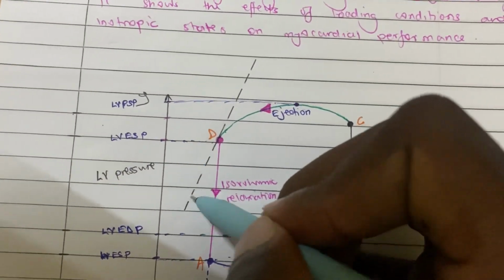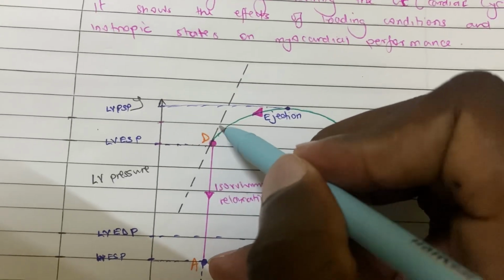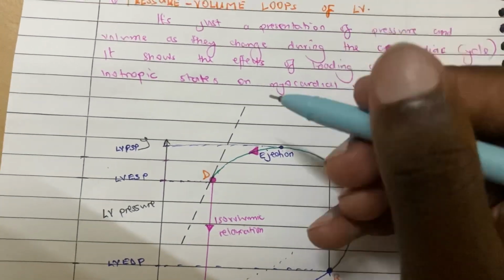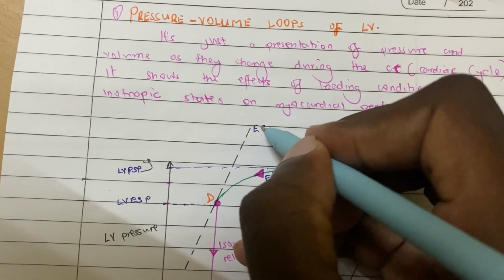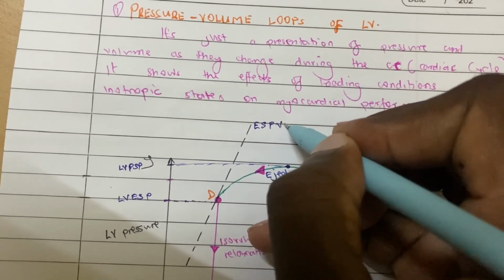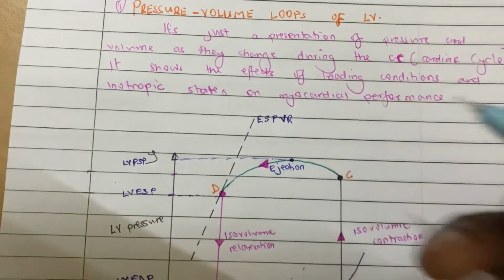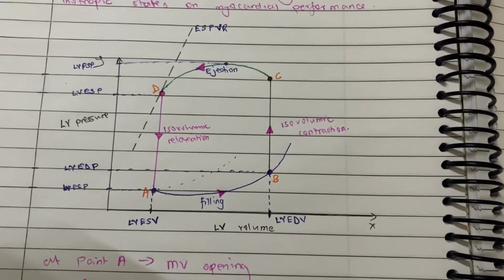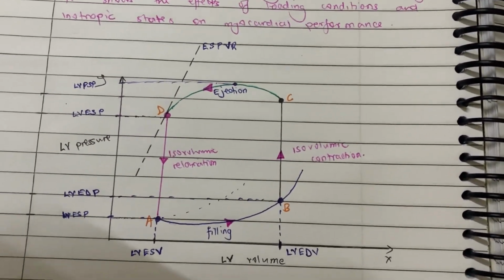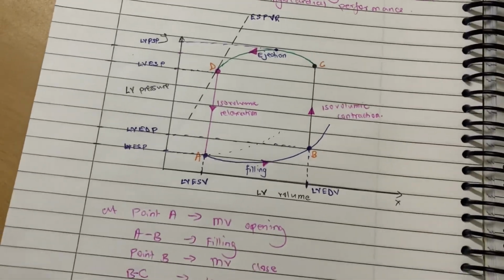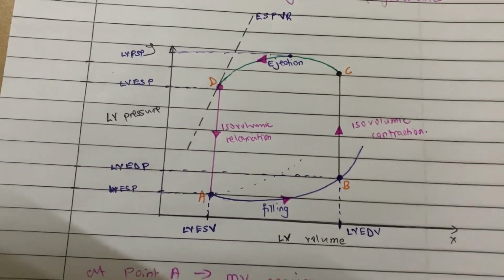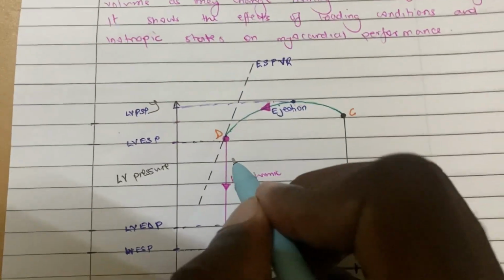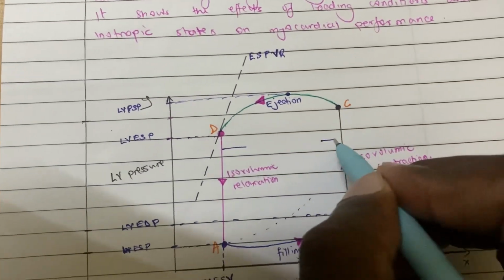Now there's this dotted line here. It's labeled as the LV end-systolic pressure volume relationship.